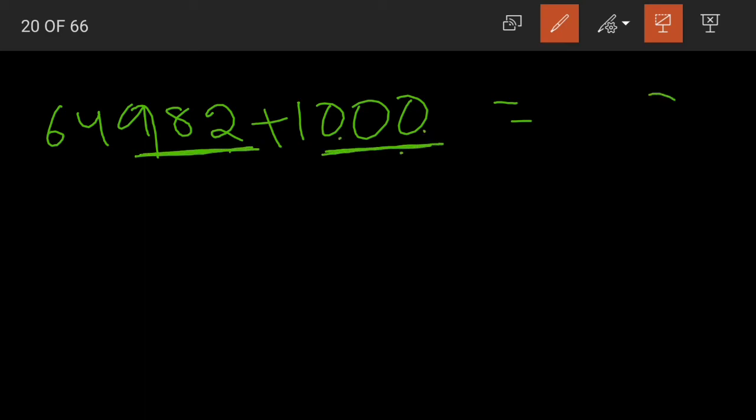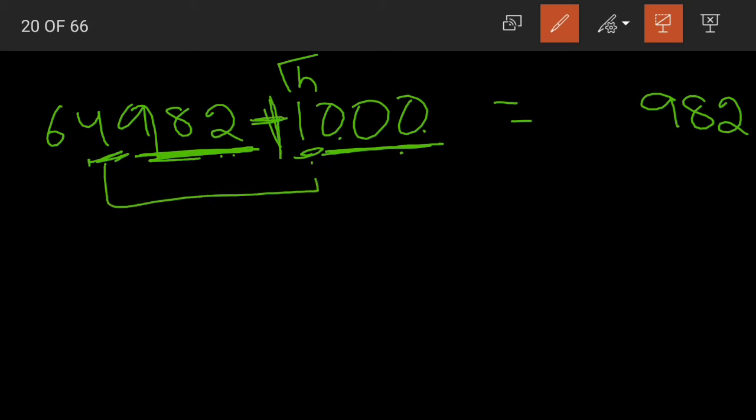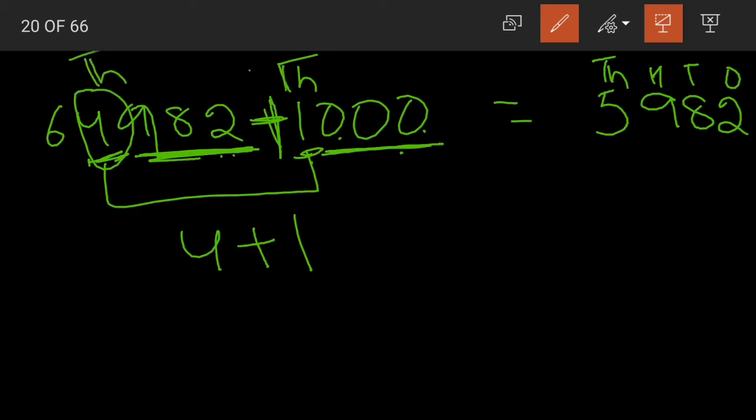So the ones, tens and hundreds will be written as it is. No change. Now in the thousands place we are having 1 here and we are having 4 here. As we are adding these two, let us add 4 plus 1, that is equal to 5. We've added the digits in thousands place, so we'll write the sum in thousands place only.